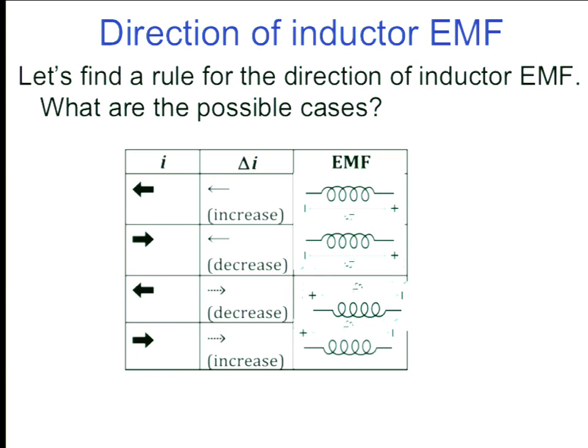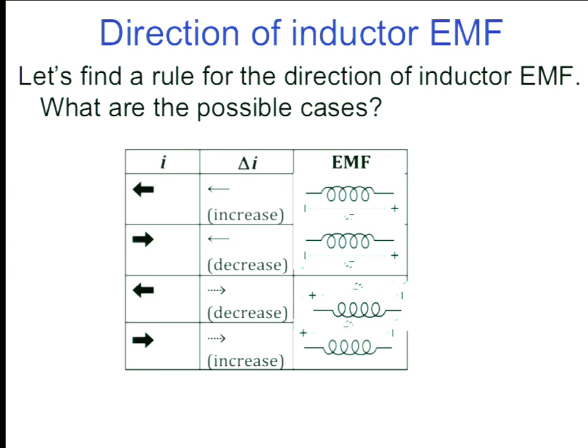But now there's a change in current going to your left. So now the current is decreasing because it was going to the right. I'm putting in a current going to the left, so the current is actually decreasing. So that's the change in current. And you see that the EMF opposes that change.